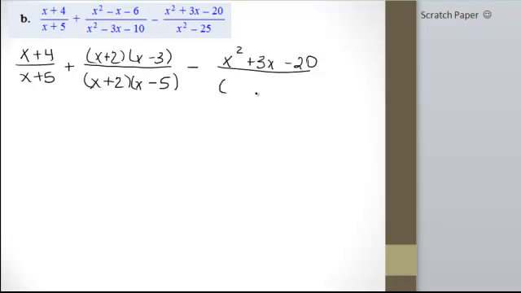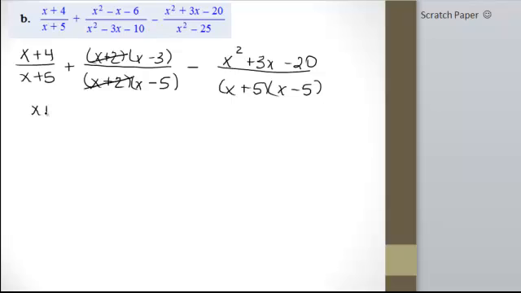And in the denominator, we have difference of squares, and that will factor into x plus 5 and x minus 5. Now have a look at your second fraction. We do have everything completely factored, which means x plus 2 over x plus 2 is 1.